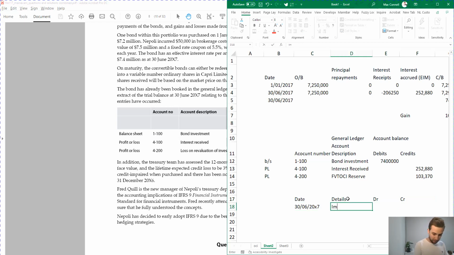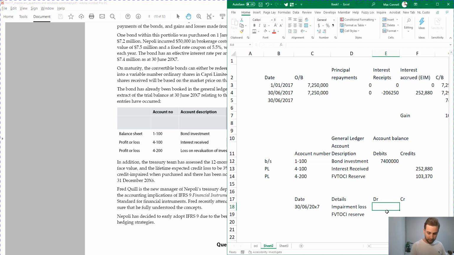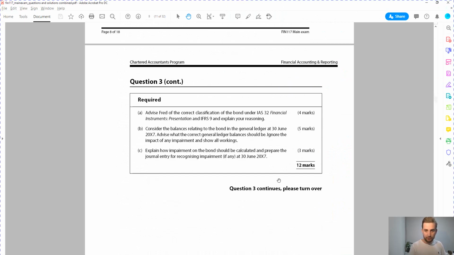We're going to go impairment loss, and then we're going to go fair value through other comprehensive income reserve, $75,000, which is 1% of the $7.5 million. $75,000 here as a debit and $75,000 here as a credit. So that's how you get 12 out of 12 marks for question 3, part 1.